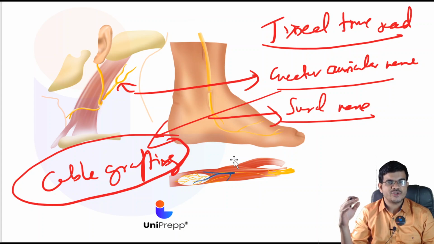And even after giving the steroids, if the patient is not recovering, you will have to go for surgery. Waiting for the edema to relieve can be done only if the surgeon is sure that he has not injured the facial nerve. So these are little things that you have to remember.